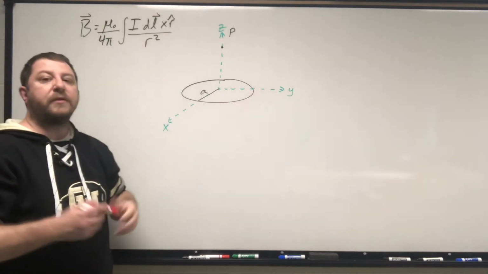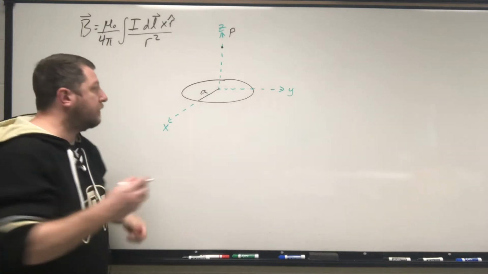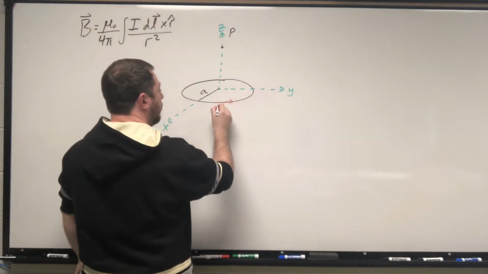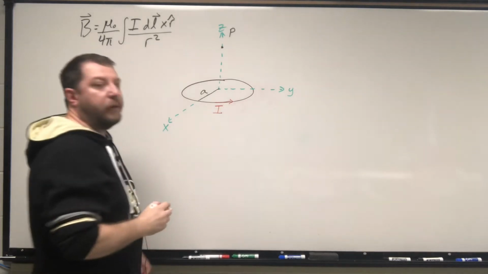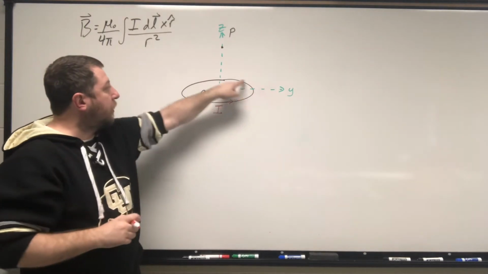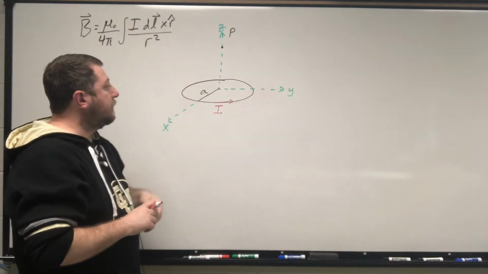First things first, we need to define our current. We're going to give our current a value I, and we'll let it flow in that direction, so it's going to go around the loop like this.